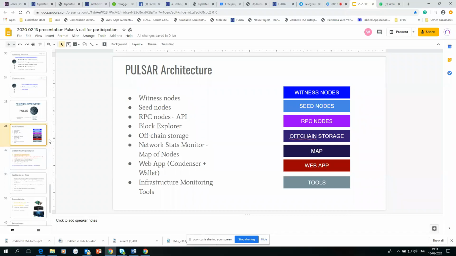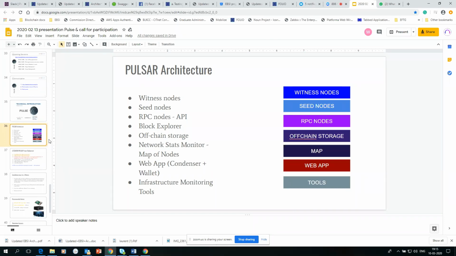The role of the RPC node is to provide an API call for any web application or mobile application that wants to read data from the ledger or that wants to submit transactions to the ledger. Transactions meaning transfer of tokens or creating content.